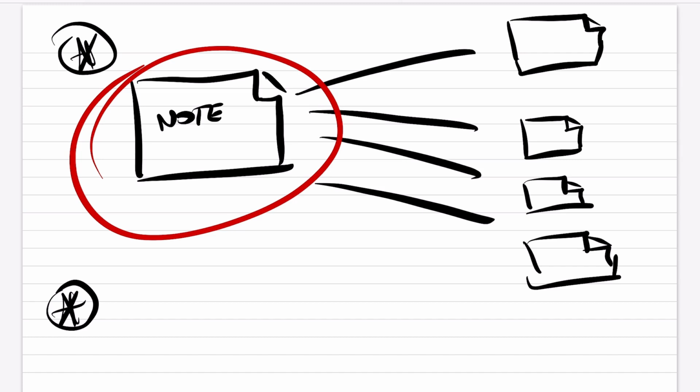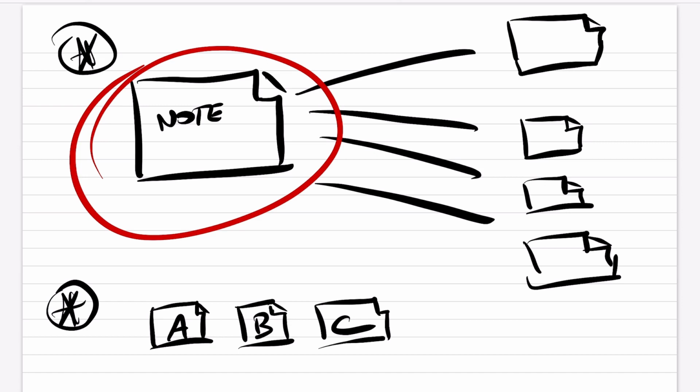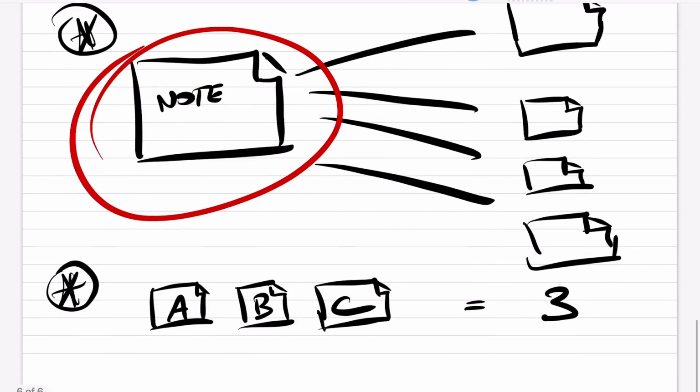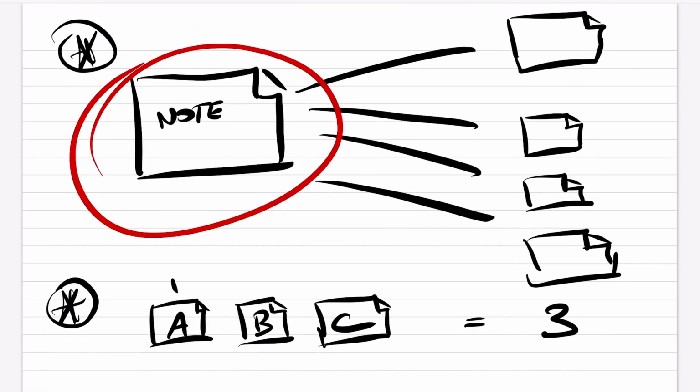Let's assume that you have a note A, a note B, and a note C. So we have a very simple note-taking system with just 3 notes here. We could say that the value out of this note-taking system is just 3, right? Because we have the first idea here, a second idea here, and a third idea here.